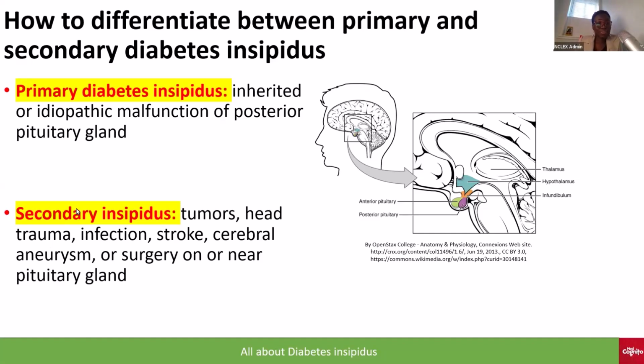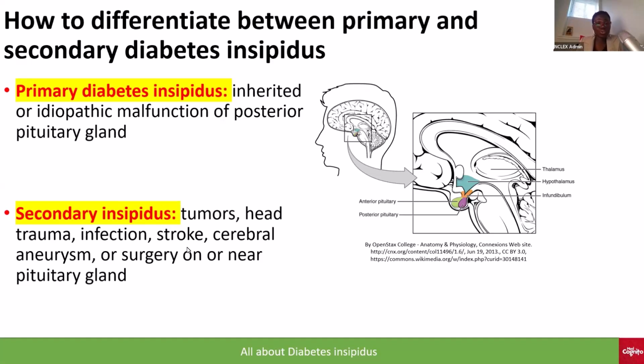But for secondary, it could be as a result of tumors. So we have something else affecting ADH production. So we have tumors. Somebody has been involved in head trauma, and as a result of that, the person now develops secondary diabetes insipidus.